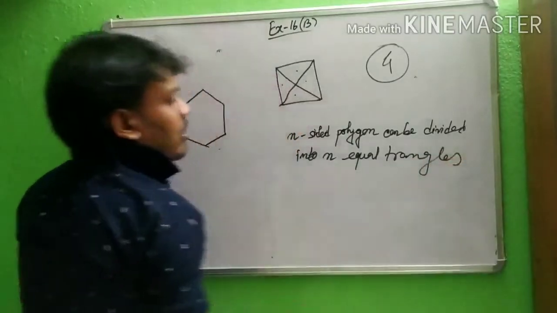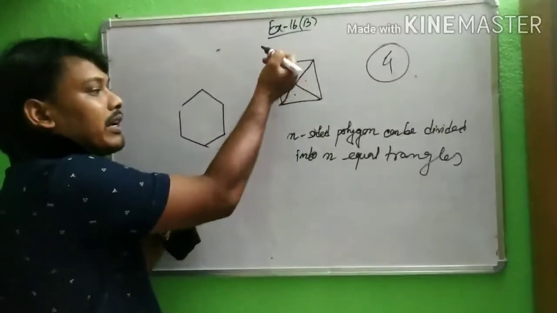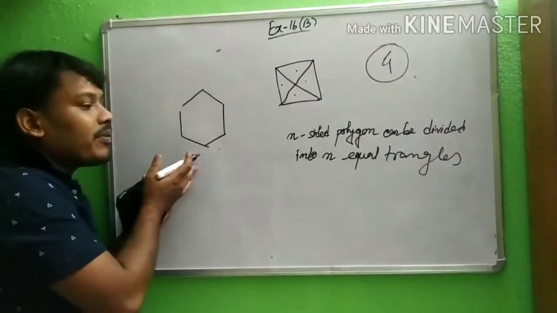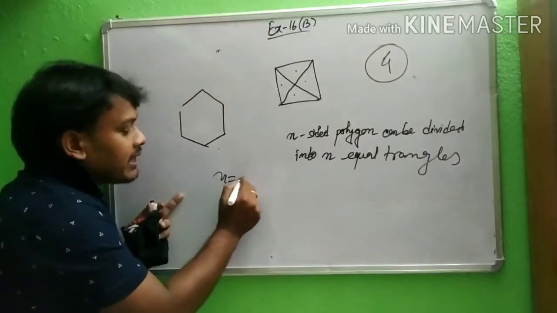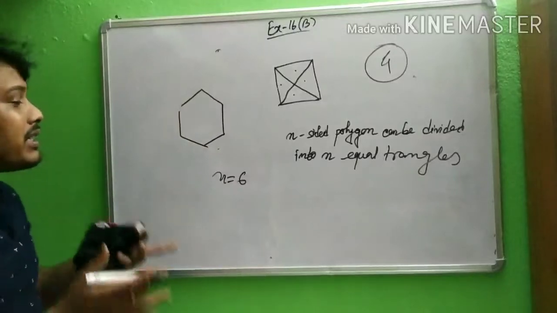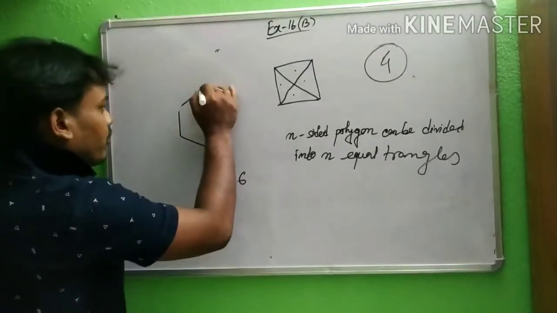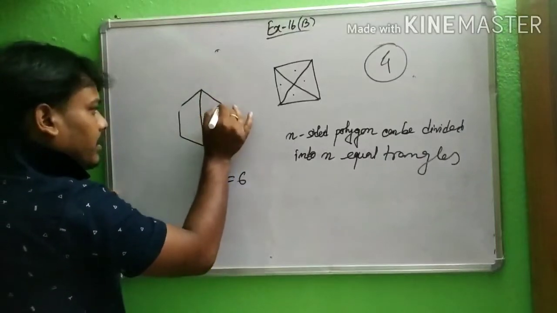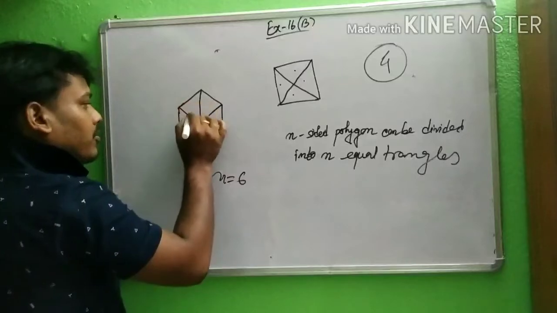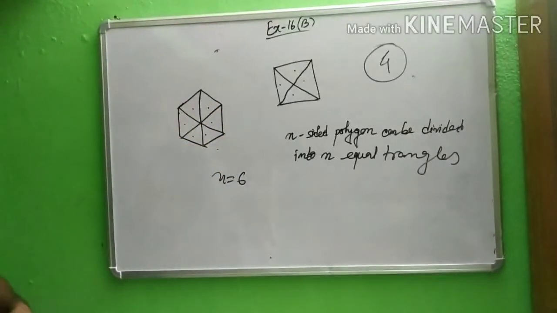So a square, with 4 sides, is a regular polygon, so we can divide it into four equal triangles. In the case of a hexagon, the number of sides n equals 6, so we can divide the hexagon into 6 equal triangles. So how do we divide it? 1, 2, 3, 4, 5, 6, and all triangles are equal.